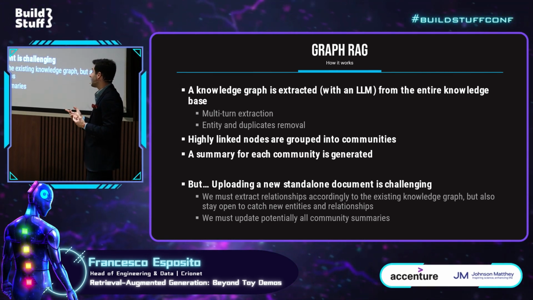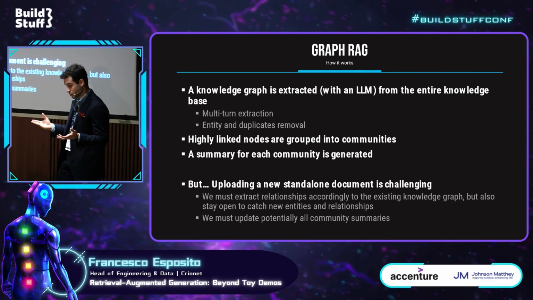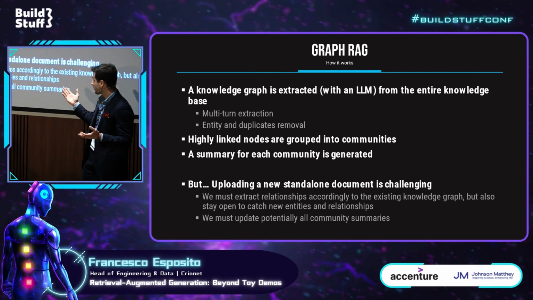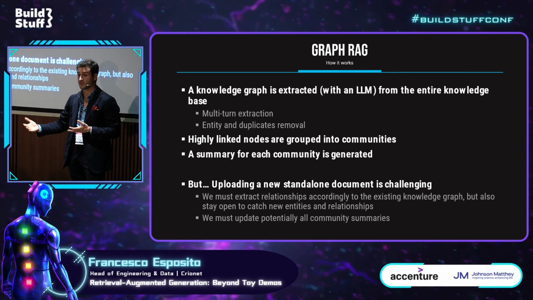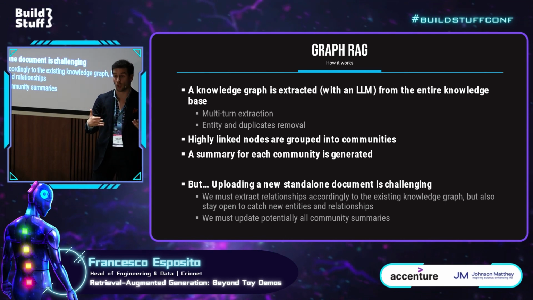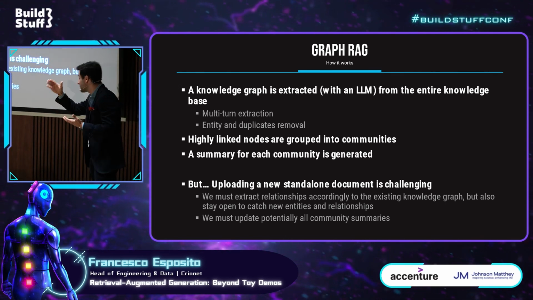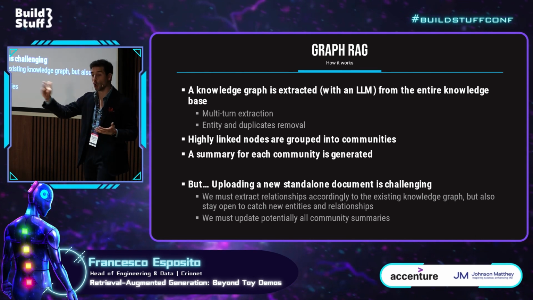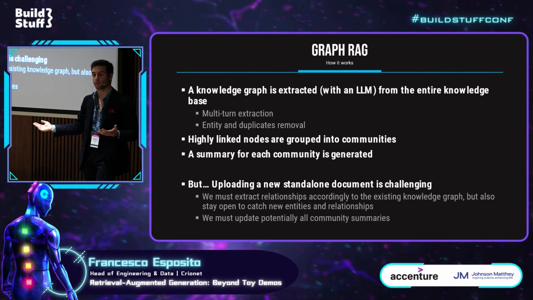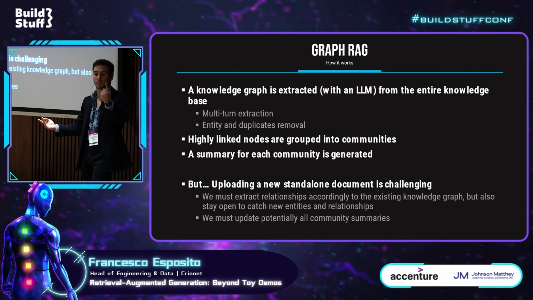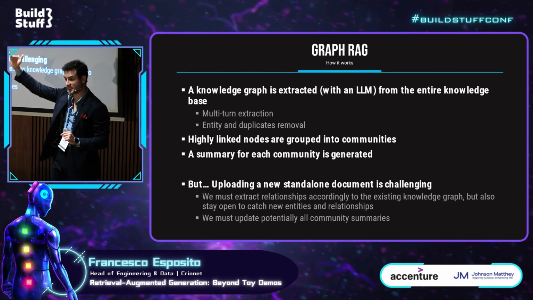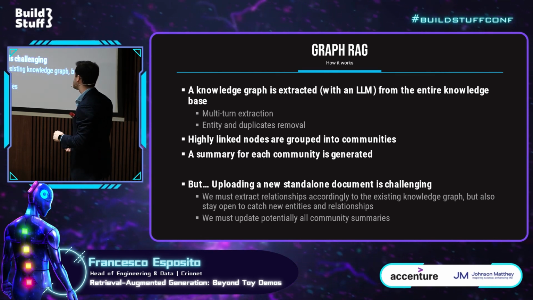What's the problem with this approach? When we are adding a new document, it's expensive and complex. Expensive because we potentially need to update all community reports, since a single document could be linked to every single community we have generated.